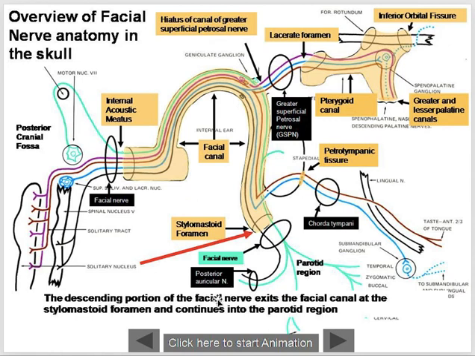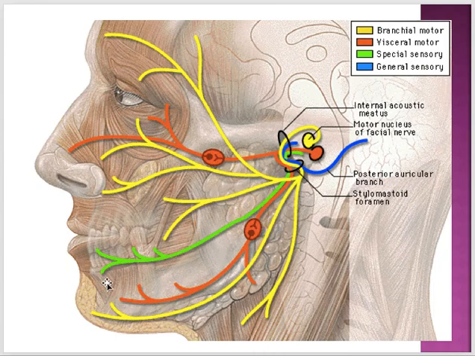And the last one they will show you, of course, after coming out, is giving the muscles of facial expression. So now, if you combine these four things, branchial motor, visceral motor, special sensory, and general sensory, you can see this is the combination of four. So that's what I showed you before as well.